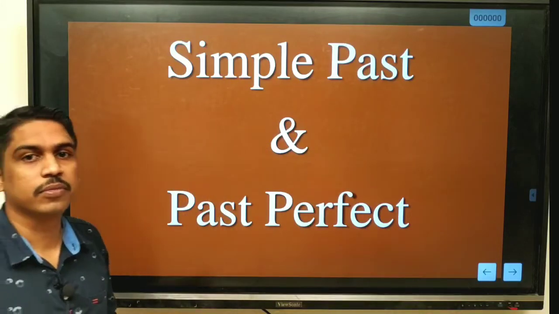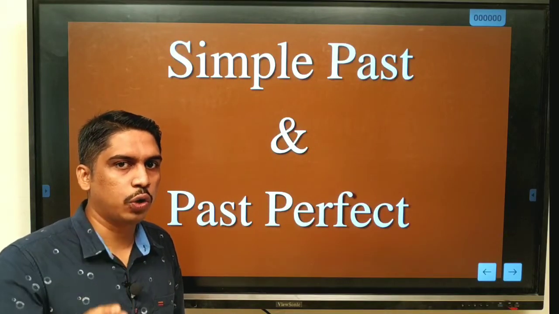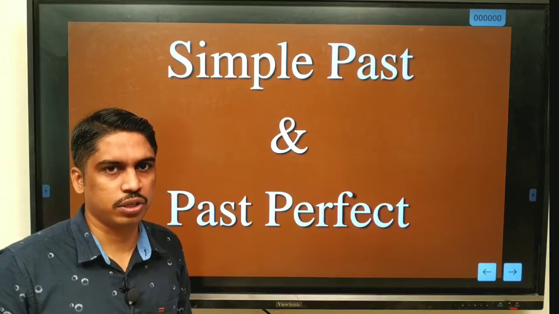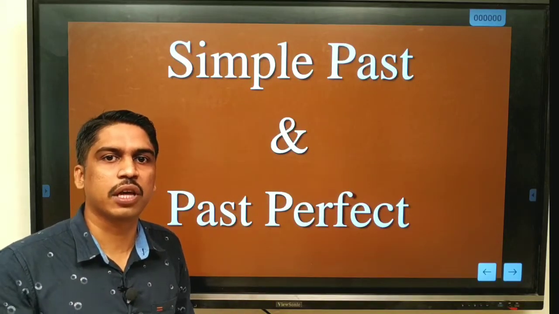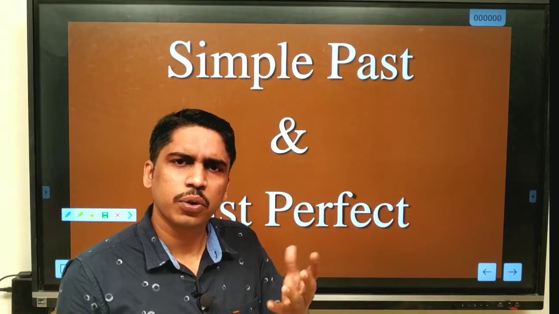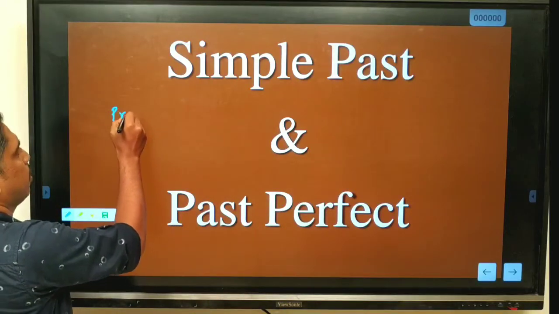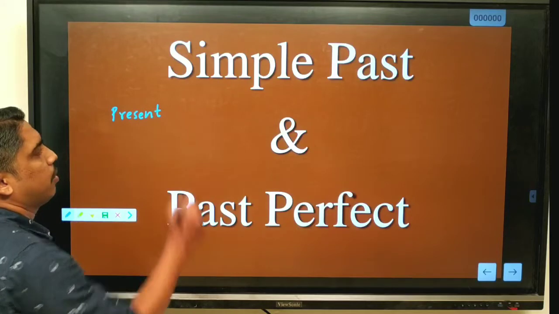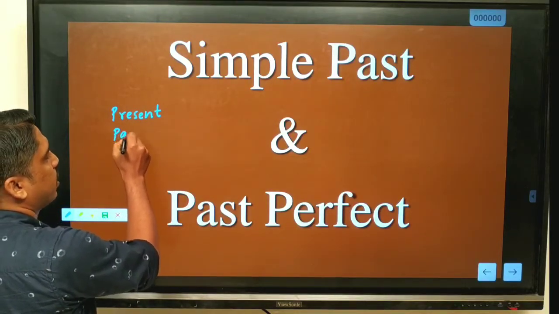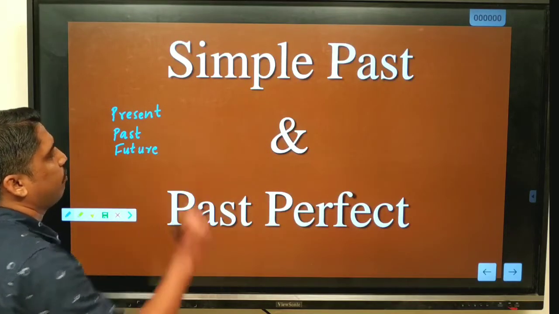What is the topic? Here we are going to discuss 2 tenses. We all know there are 3 tenses in English. Not only in English, in every language there are 3 tenses. Which are the 3 tenses? You all know. Yes, first one, present tense. Then the second tense is past tense, and the last one is future.